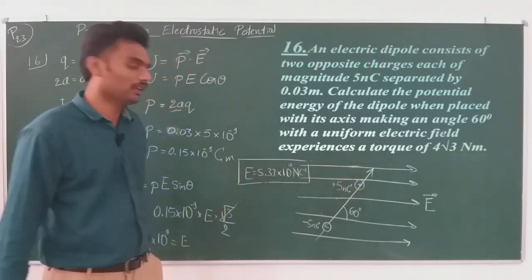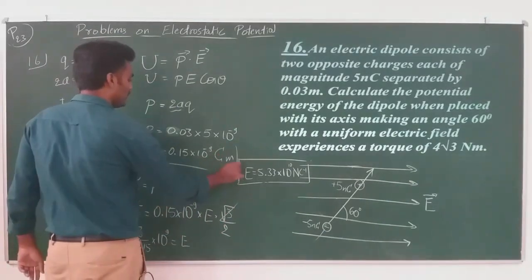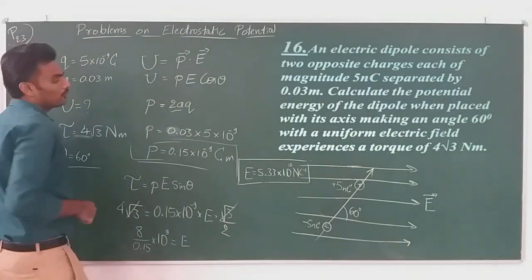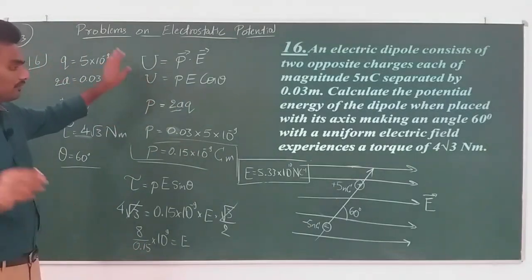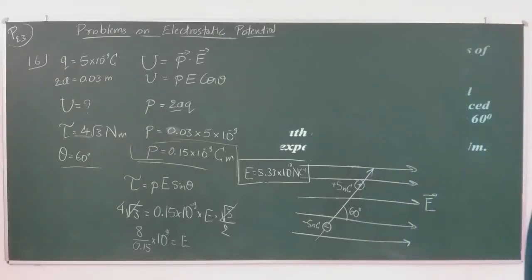We obtained E now. So we have E with us, P with us, and also theta. Put all of them into this equation, and that's it, you have the value of U.